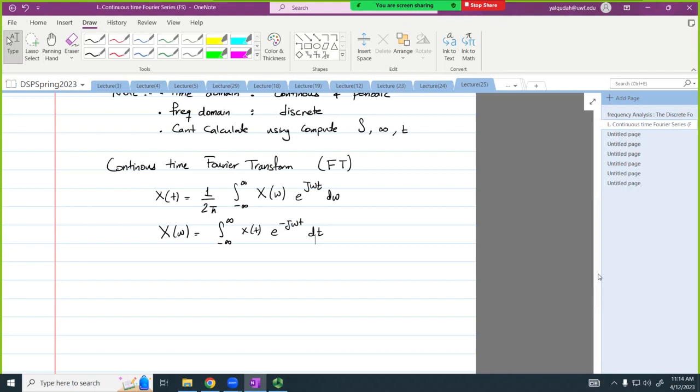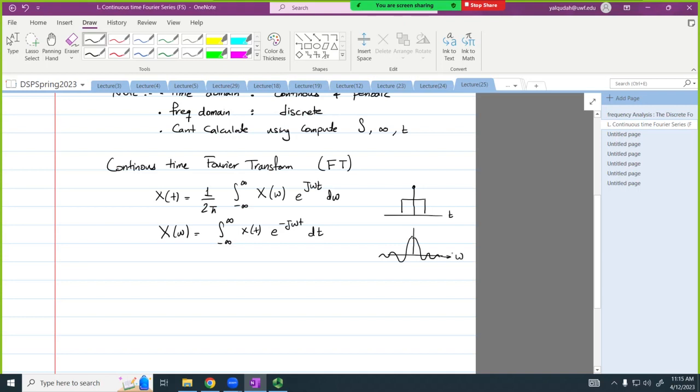The sinc. If I have a rectangular pulse in the time domain, in the frequency domain, the spectrum is going to look like a sinc.